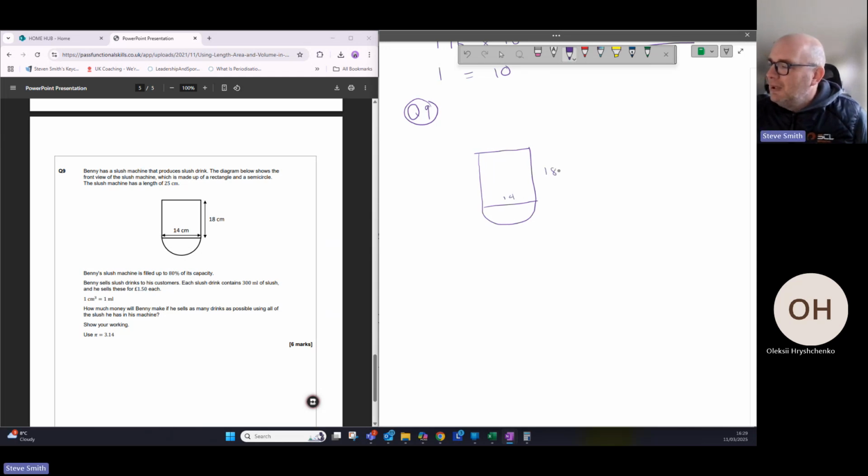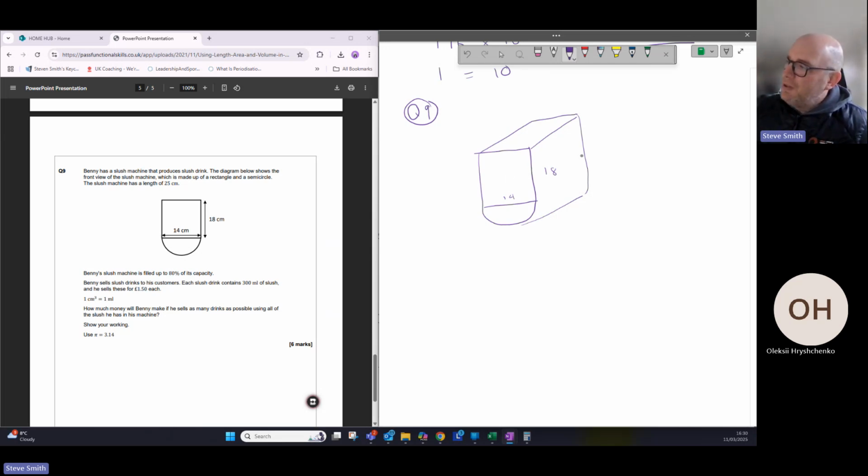That's 18. I've got a feeling when it says its length is 25, it means it's going back. I think that's what it's meaning. So that's going to go back there, and then that's kind of like that. So that line doesn't need to carry on through, but he's going to fill his slush here.